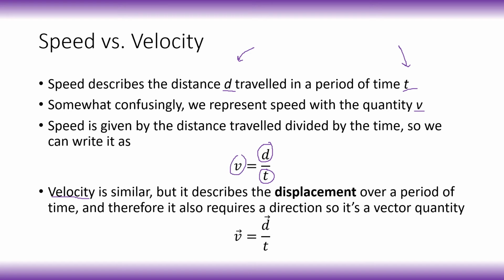Velocity is really similar, but instead of distance, it uses displacement. So we have d with the little arrow, and instead of speed, we have a velocity, so it also gets an arrow. The time t is a scalar, so it's just a number with no direction attached to it.